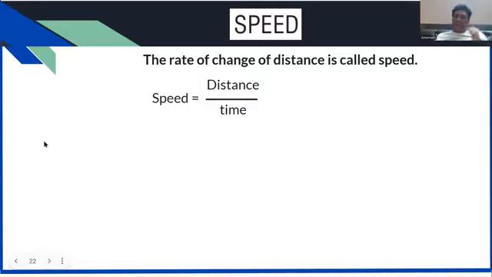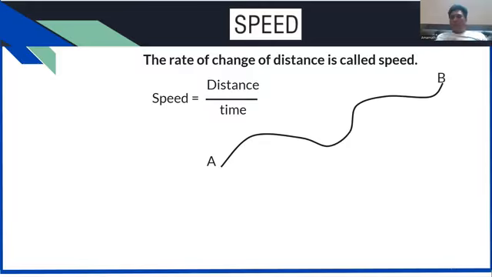But say I have to go from point A through this zigzag path to point B. The whole path will be the total distance. But if I ask you what will be the speed of my car at a small distance in between the path, let us take one small gap.